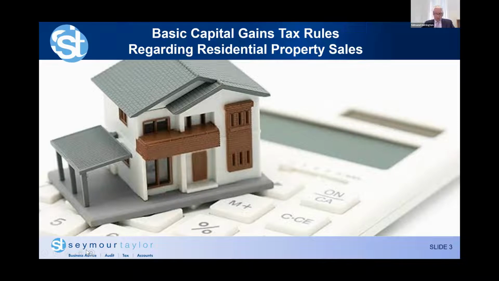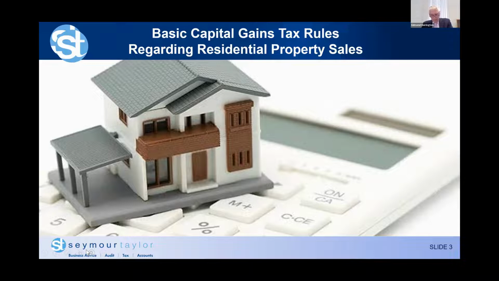Other important points just to mention are everyone is entitled to an annual capital gains tax exemption of £12,300. This is in effect doubled for joint ownership, so that could be £24,600.